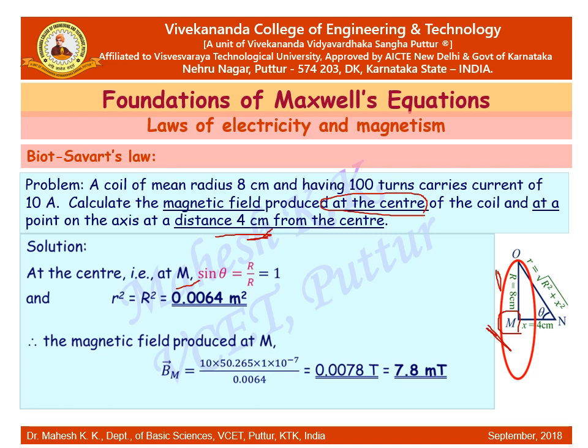Therefore, the magnetic field produced at M, by using the formula, we get 7.8 millitesla. So we have the calculated value at a distance N as 5.6 millitesla, and at the center we have 7.8 millitesla.